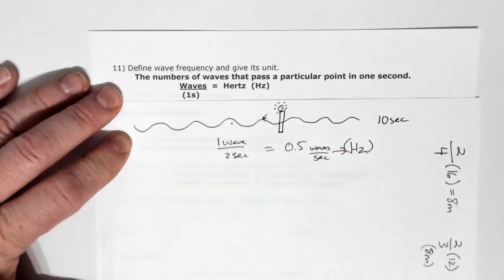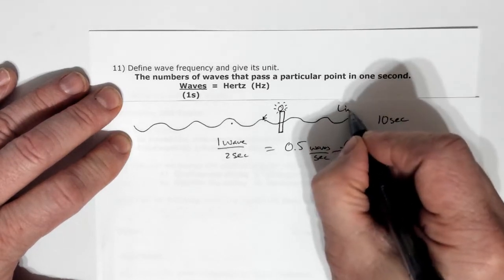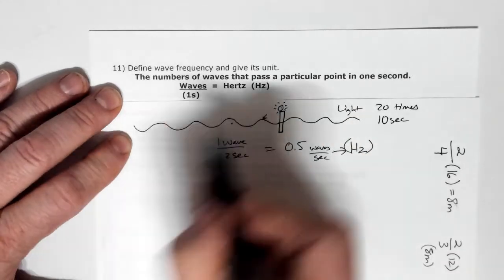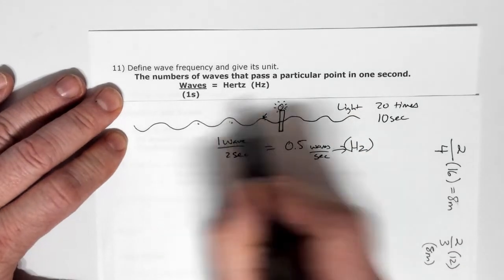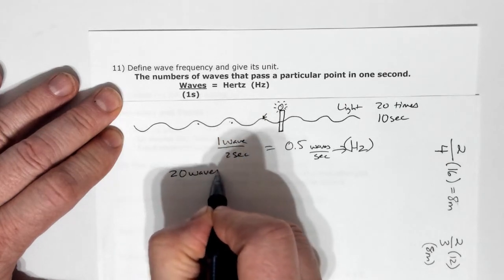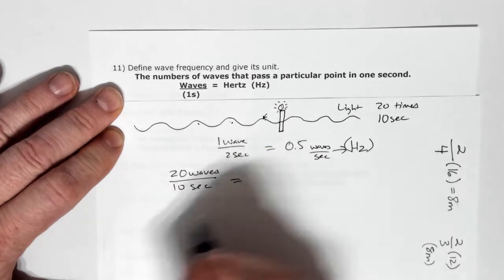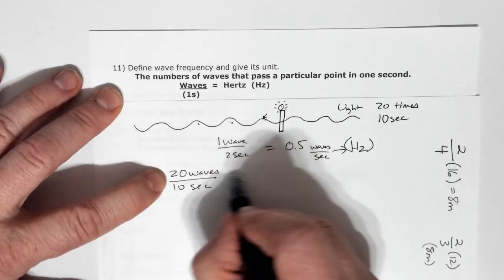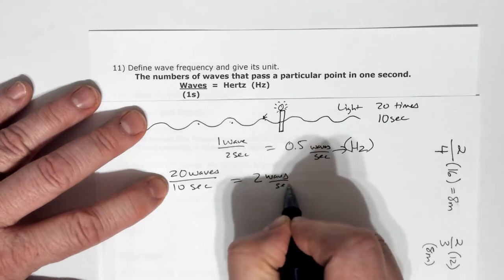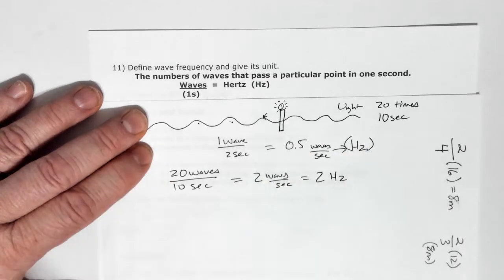We have 10 seconds, and our light goes off 20 times. So from there to there, 20 times. That means we had 20 waves, and it happened in 10 seconds. So that means it's 2 waves per second, which is 2 hertz.